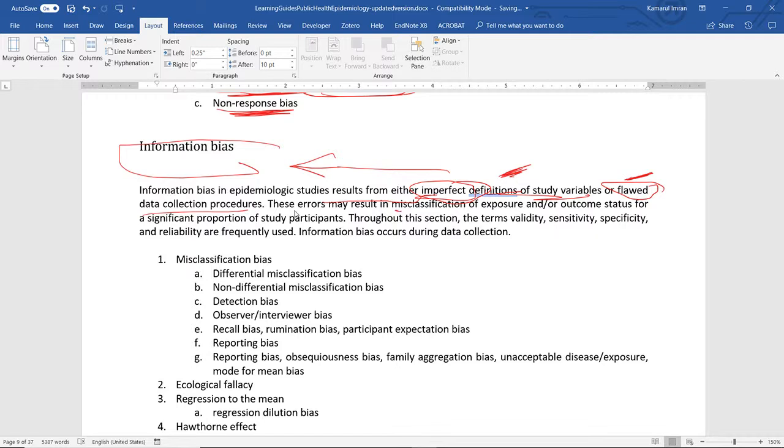This results in misclassification of exposure or outcome status. In this type of bias, you will see validity problems, sensitivity problems, specificity problems, reliability problems. And information bias occurs during data collection.